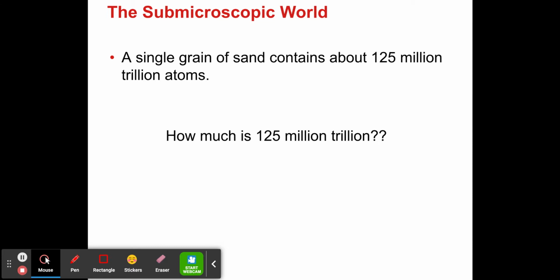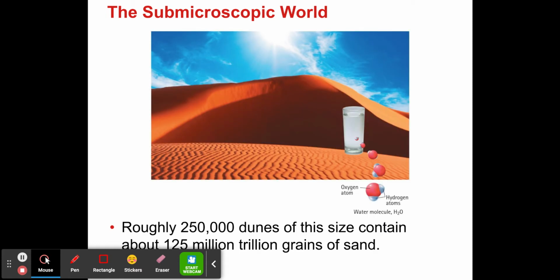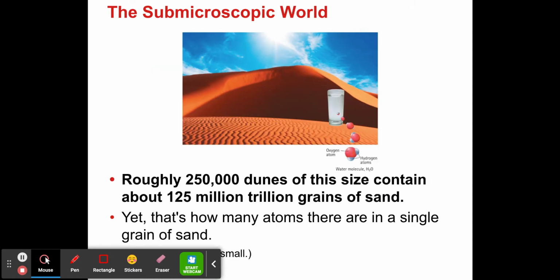I don't know if you've pondered about this figure, 25 million trillion. That's a very huge figure. Yet that's how many atoms there are in a single grain of sand.